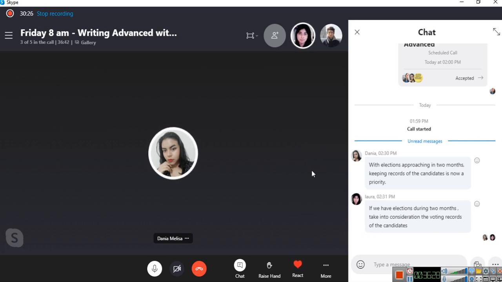Maybe we can change it for be aware of voting records. Oh, sorry, be aware of the voting records of the candidates. Well, that will actually make it the same length. So my advice is to stop using take into consideration for considering.